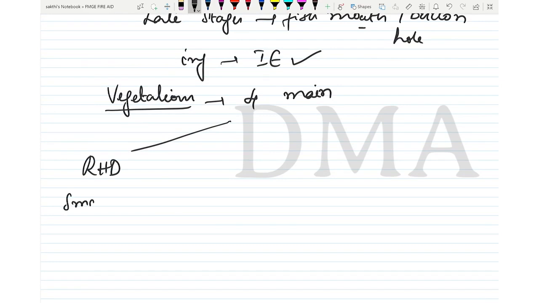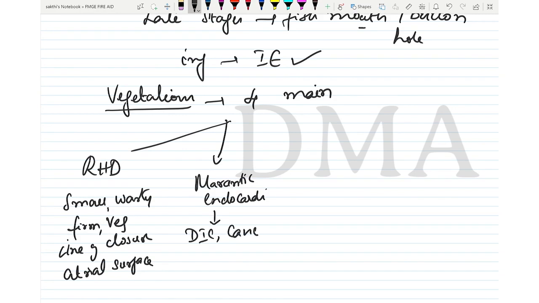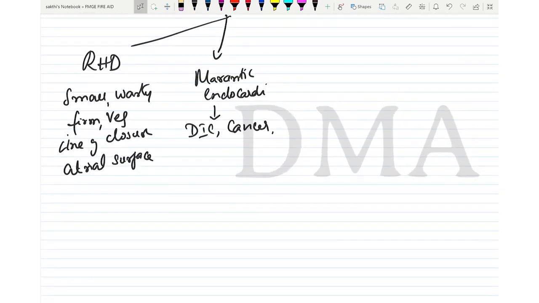Then you have marantic endocarditis, usually seen in patients with disseminated intravascular coagulation, cancer patients, cachexia patients. You have small, warty, friable vegetations. Here embolism of these vegetations is very rare, whereas here they can embolize, and they are also present in the line of closure.